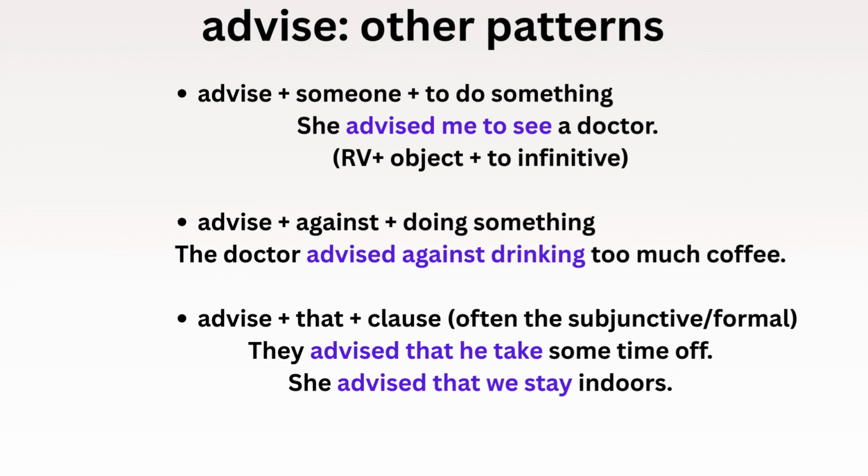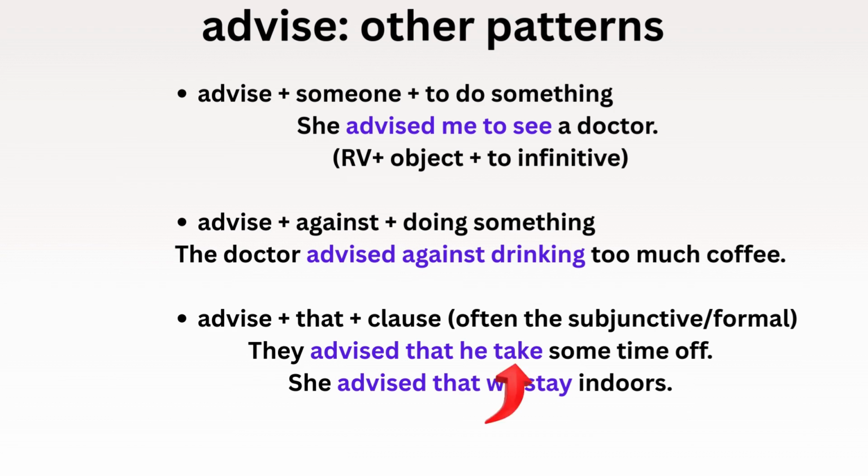Here you can see advised with a preposition against and then a gerund form, which is logical because we usually use gerund after prepositions. And finally, you can see they advised that he takes some time off, or she advised that we stay indoors. This is subjunctive, the subjunctive form.